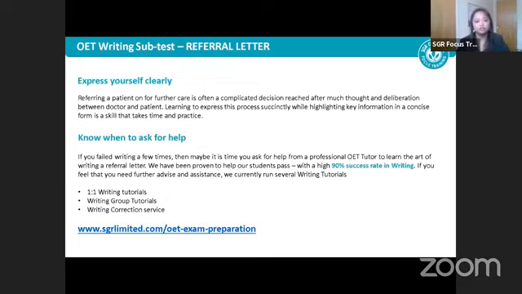We try to ensure that we're not just checking your grammatical skills, but we're really putting a lot of focus on your purpose, your case note understanding, to ensure that you're writing in a concise and clear manner, to ensure that all the contents that are relevant to the patient's care are included in your letter, and giving you advice in terms of how to choose proper wordings, formal wordings, respectful wordings.